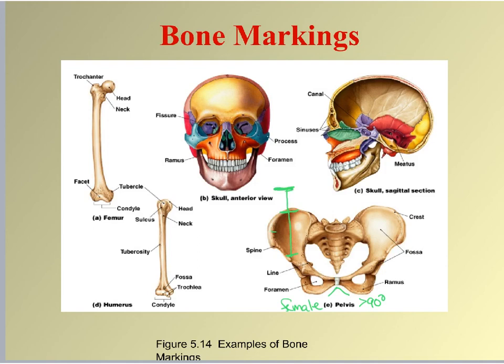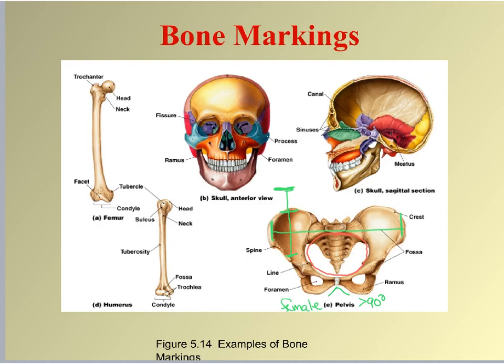And then also this distance right here is going to be a little bit wider in females. You might call this hip distance. And that's to accommodate the shoulders and head of a fetus passing through here. That spot right there is called the pelvic inlet. So that's larger in females and smaller in males.